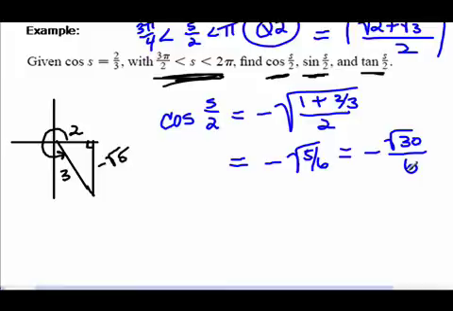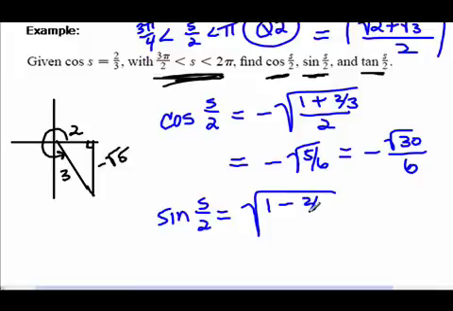Sine of S over 2. Again, S over 2 is in quadrant 2, so this one's the positive version. So positive square root of 1 minus cosine S, which is 1 minus 2/3, over 2.